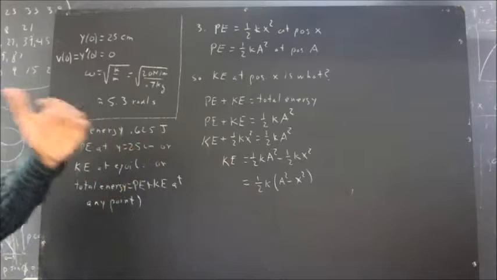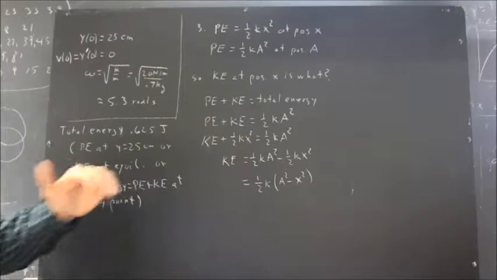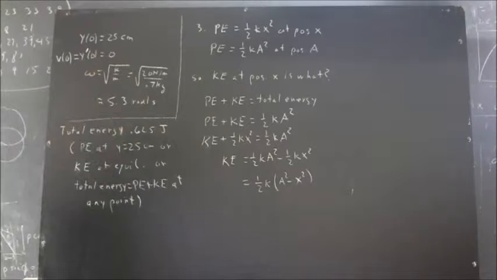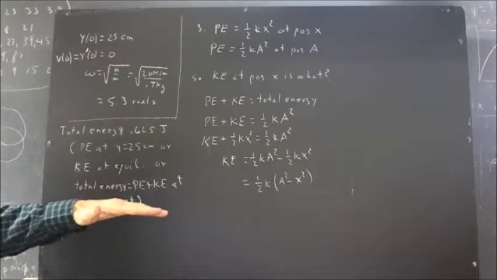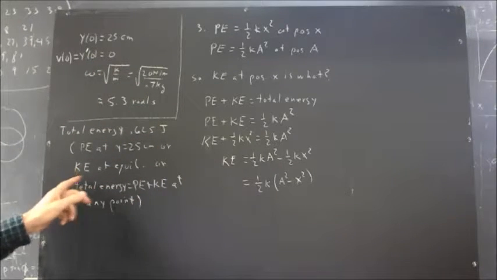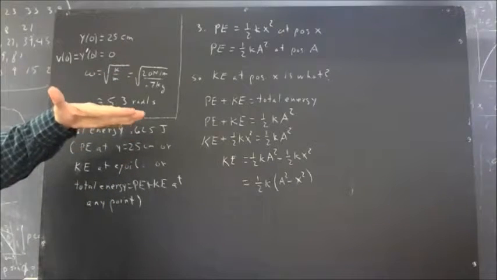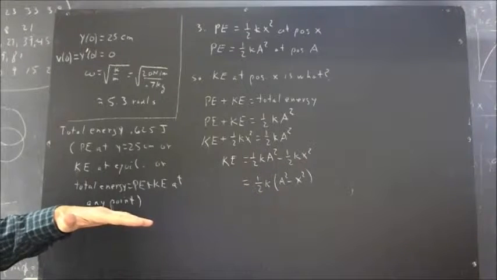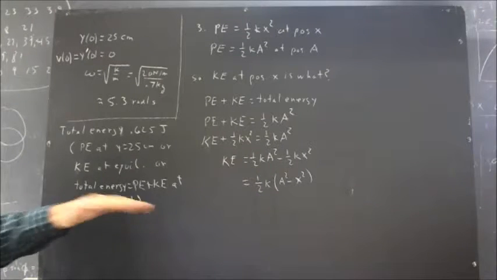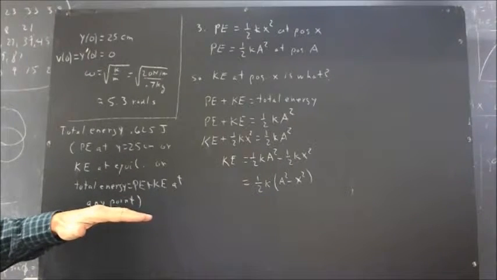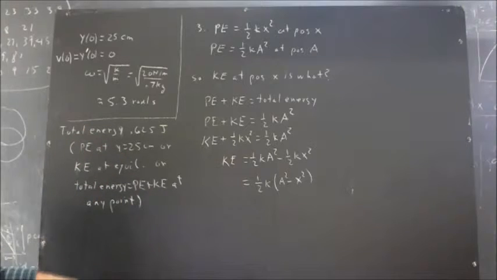That potential energy being 1/2 kx squared, or in this case, 1/2 ky squared. At equilibrium, y is 0. So there's 0 potential energy, so all that potential energy it had at 25 centimeters is now gone, and it has a kinetic energy equal to its original potential energy.